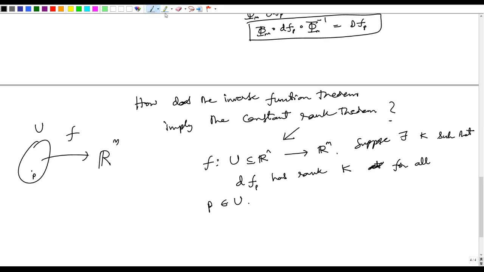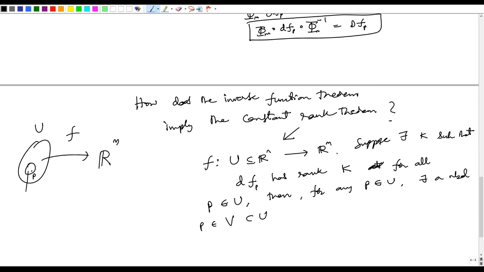Suppose there exists k such that dfp has rank k for all p in U. Then for any p in U, there exists a neighborhood V contained in U and containing p.